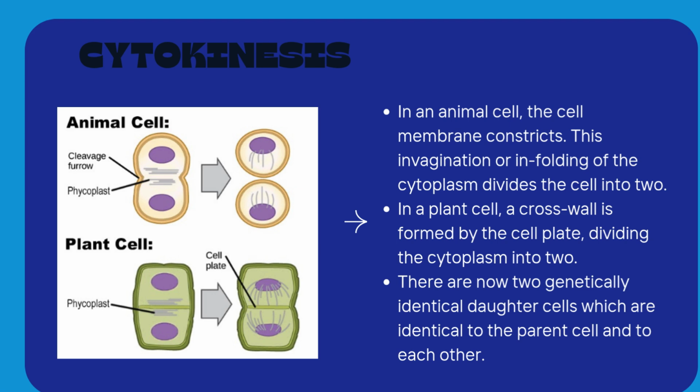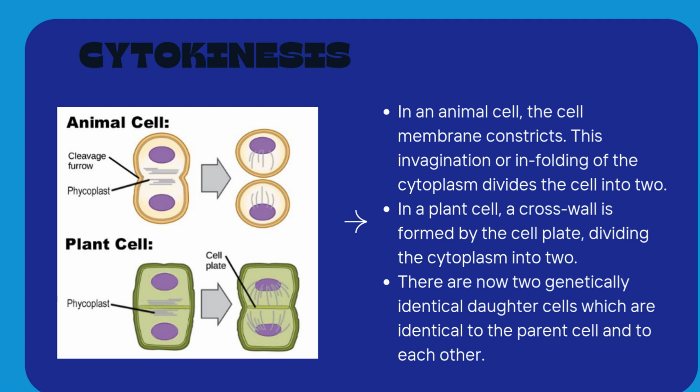Cytokinesis is the cytoplasm dividing and splitting into 2. So in the animal cell, you will see a cleavage forming. You can say cleavage forming, or you can say infolding of the cytoplasm divides the cell into 2. But in a plant cell, a cross wall is formed by the cell plate, dividing the cytoplasm into 2.